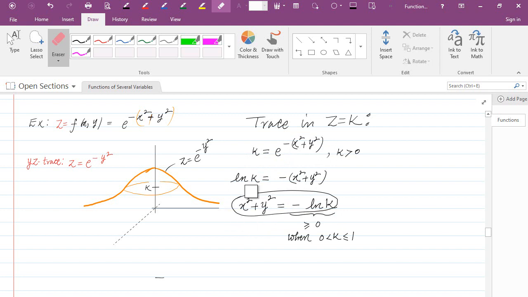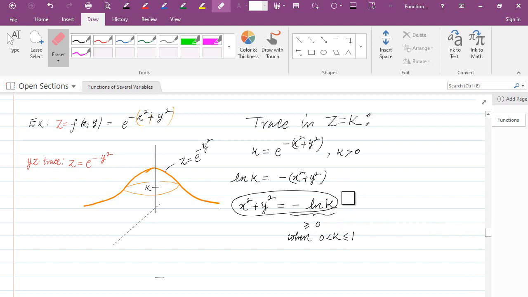Now since x squared plus y squared is non-negative, we see that we need to pick k to be less than 1, because if k is bigger than 1, then ln of k would be positive, and then we get a negative number here.